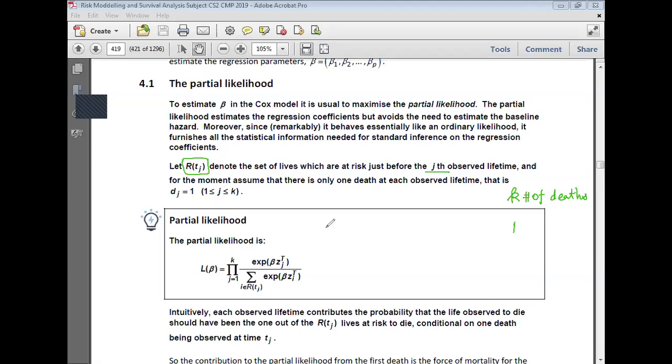So there's a subtle difference: in the numerator, we have j, and in the denominator, we have i, and i belongs to all of the lives that are at risk. So we sum up the covariates of all of those lives, because that is what matters in the case of the hazard function. The baseline hazard is just going to cancel out.